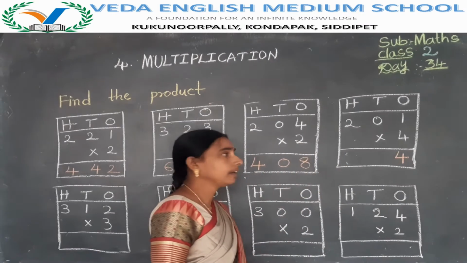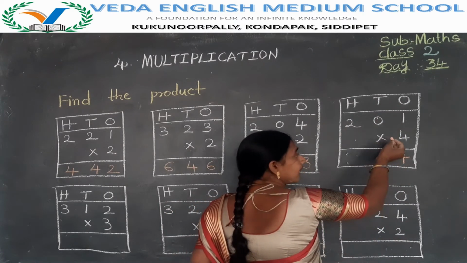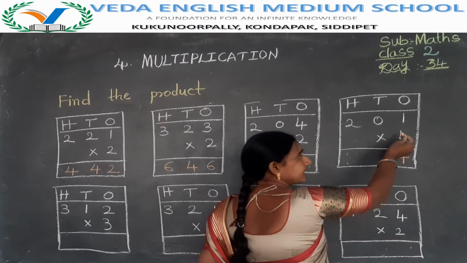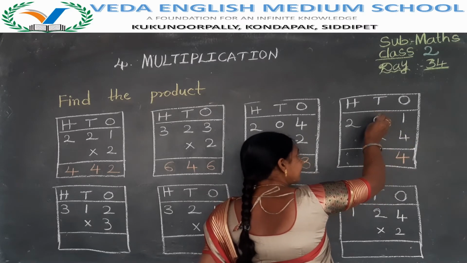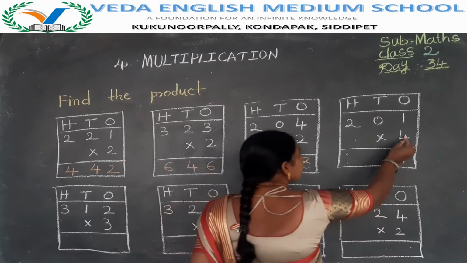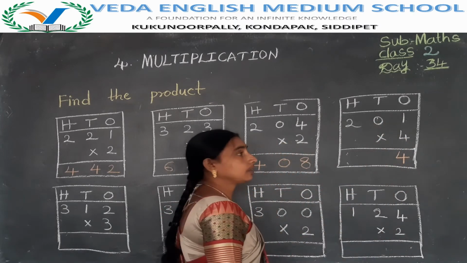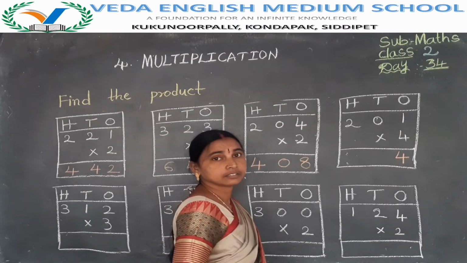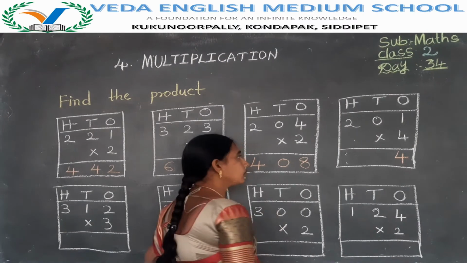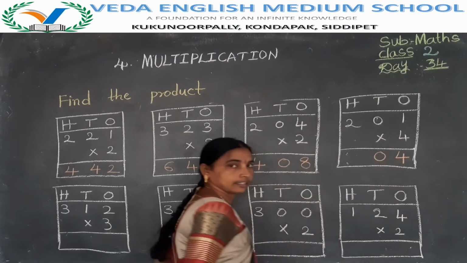Okay. Next, the tens place. Multiply digit 4 in the tens place by 0. That means 4 into 0. 4 zeros are 0. So now write 0 under the tens place. Okay, understood?